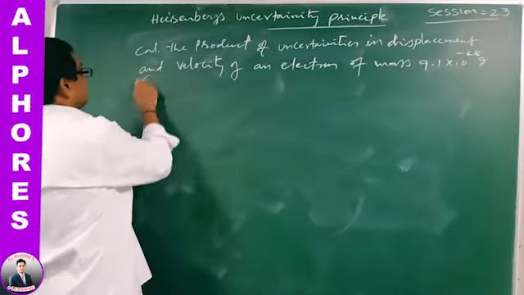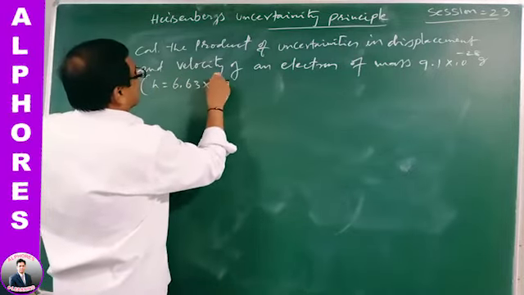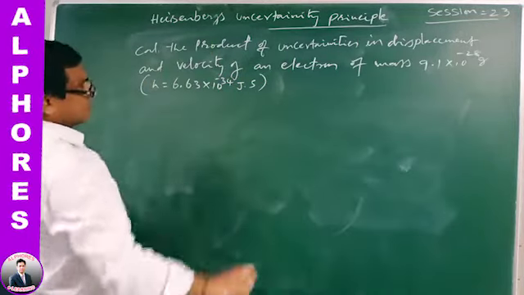Given that h equals 6.63 into 10 to the power minus 34 joule seconds. That is the problem.